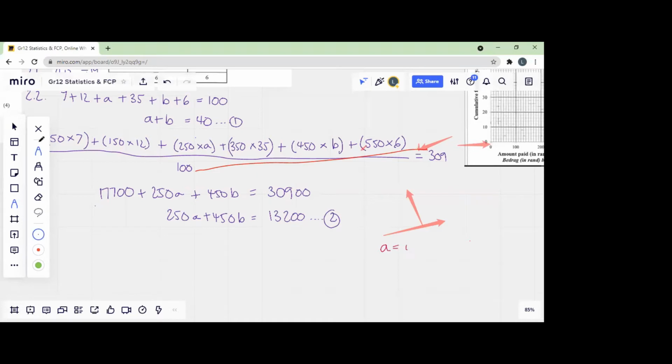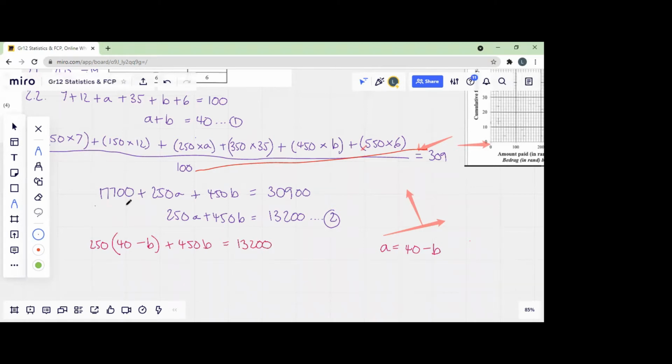Which means that A will be equal to 40 minus B. So now I'm going to take 250, and in place of A, I'm going to write 40 minus B, plus 450B, and that's going to be equal to 13200. Is everybody okay with that?